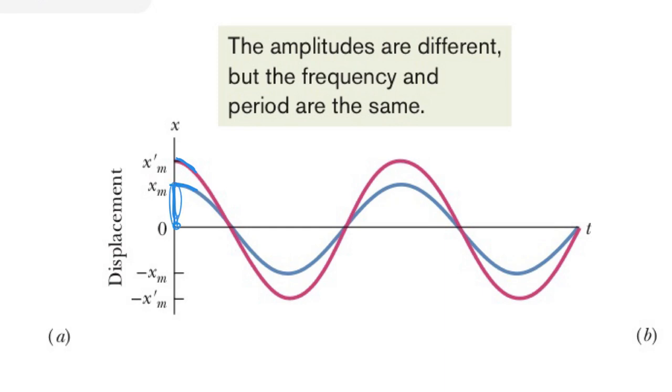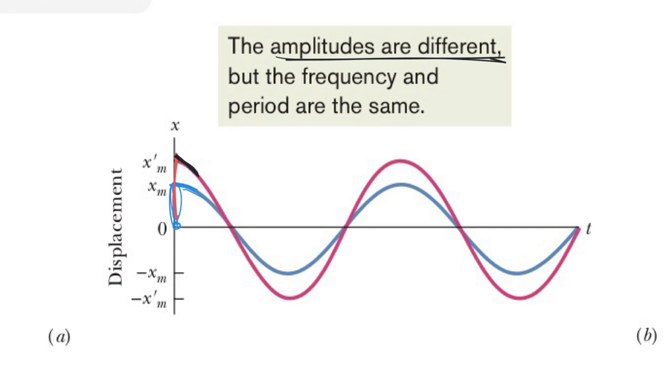This is the highest position from the reference point, but the pink one has a bigger amplitude. So because of that, the amplitudes are different. The pink one has a bigger amplitude than the blue one.